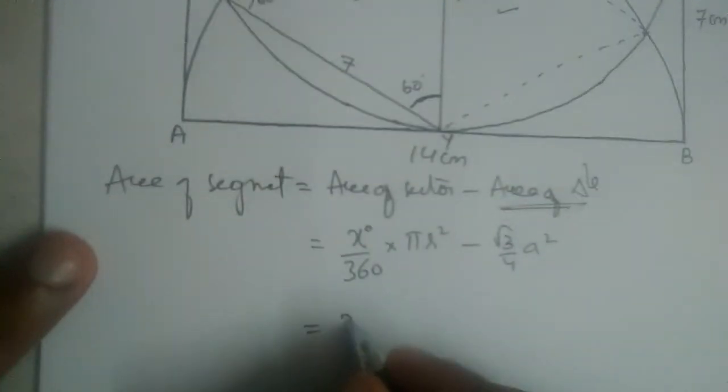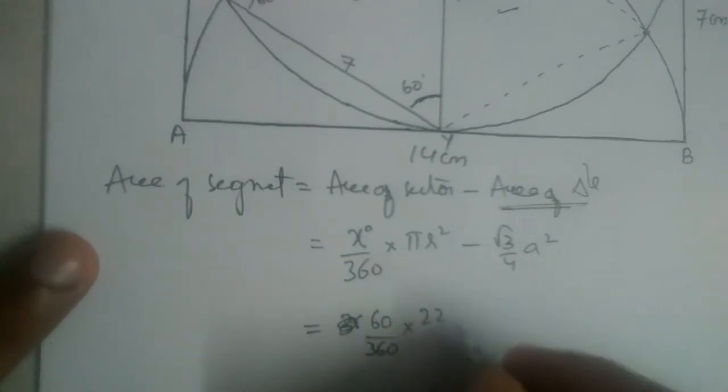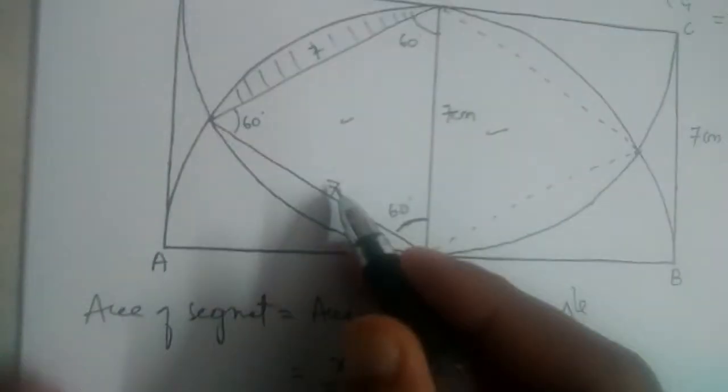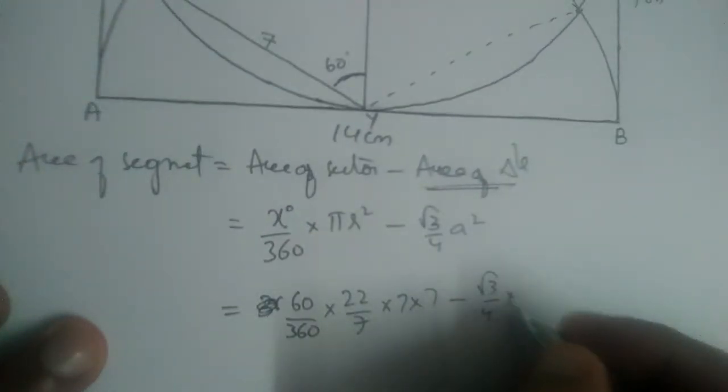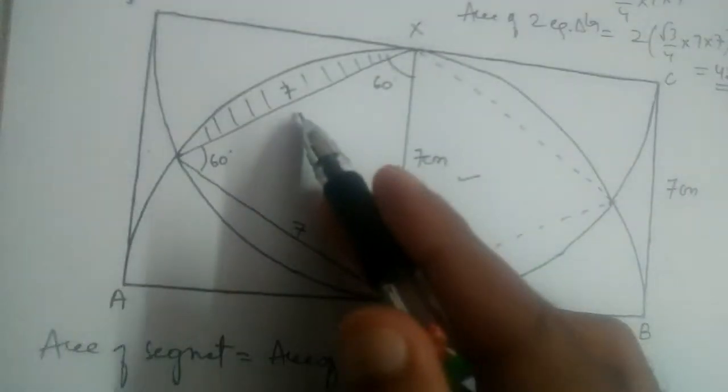So it is 60 by 360 into pi, which is 22 by 7, r is 7, so 7 into 7, minus root 3 by 4 into a, where a is also 7, so 7 into 7.